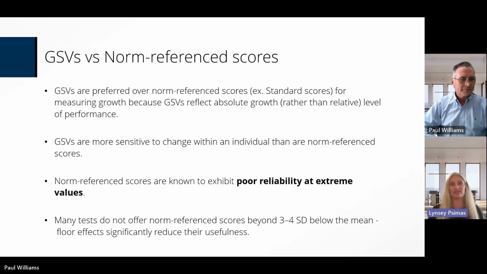So GSVs are more sensitive to change within an individual than norm reference scores are. Normative data just can't measure change over time accurately and consistently. It can't measure with confidence without a deeper dive into what actually happened. It doesn't tell you about increases, declines, and other meaningful change. I'll give some examples of this in a few slides.